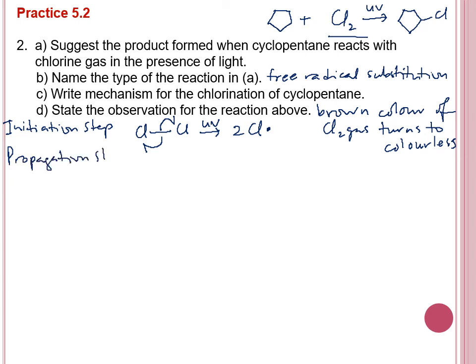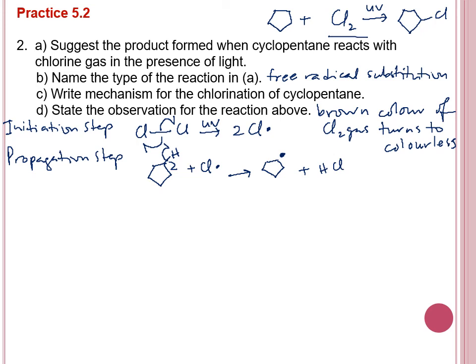Propagation step is when you have the, what is this? I always draw this as the shape of Superman. I put H there, and then it is attached to chlorine free radical. So I'm giving it a half-headed arrow like that, and then I'm going to produce the cyclopentane free radical over there together with HCl.